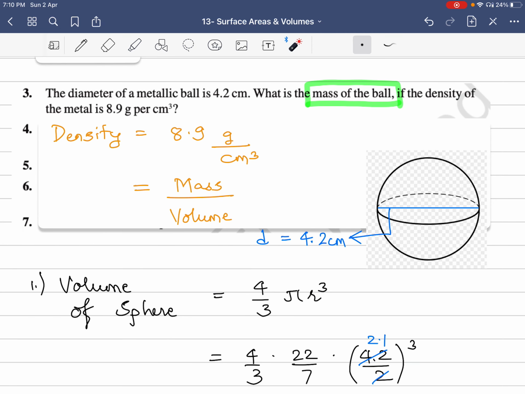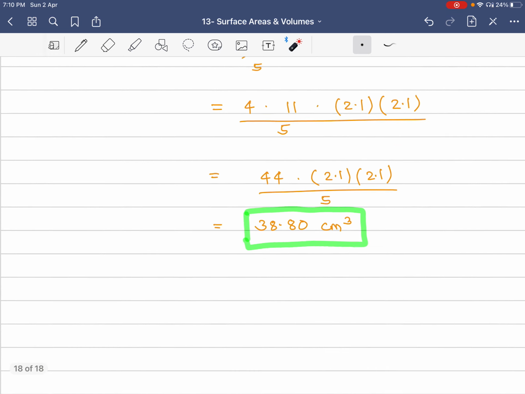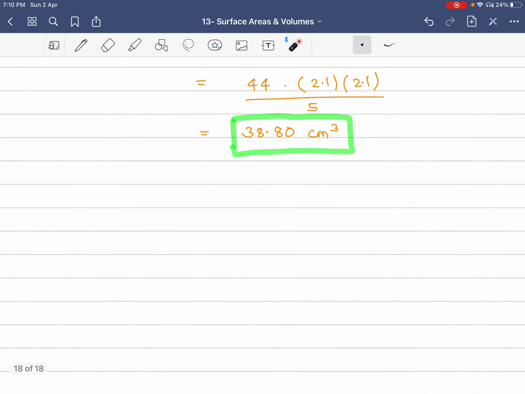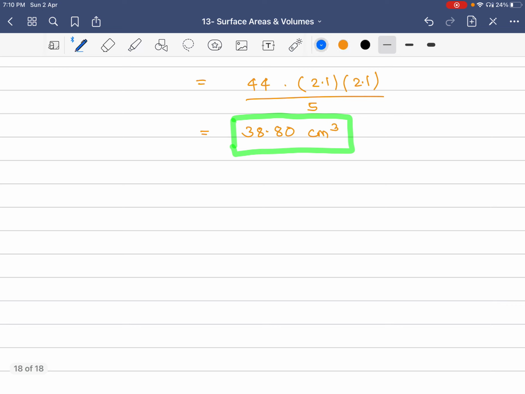So we have found the volume of the sphere and we know its density, so we can easily find the mass of the sphere. Let's use the space here itself. We have the standard formula of density: density is equal to mass divided by volume.